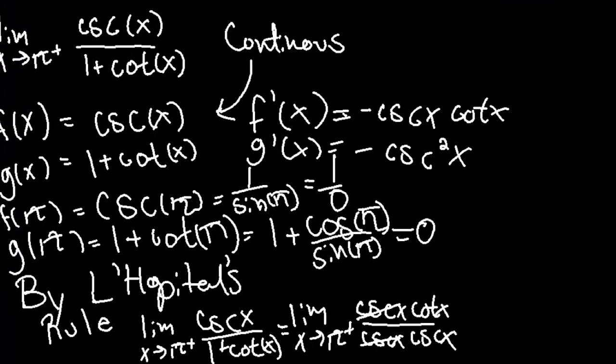So cotangent is going to be equal to cosine of x over sine of x. And it's all going to be over 1 over sine of x.